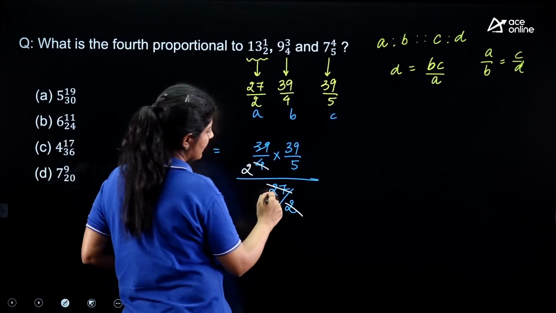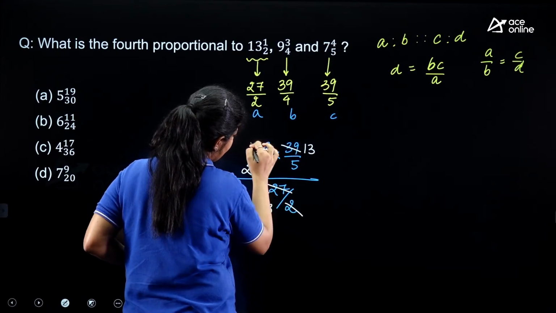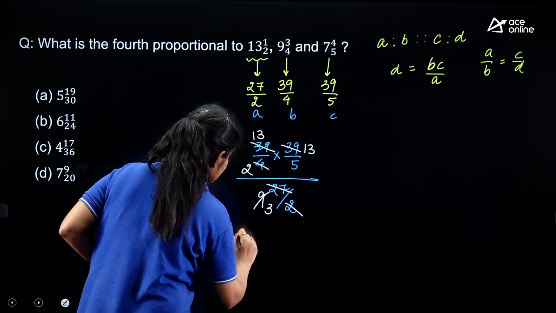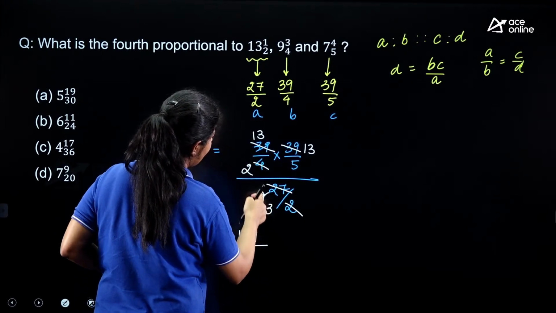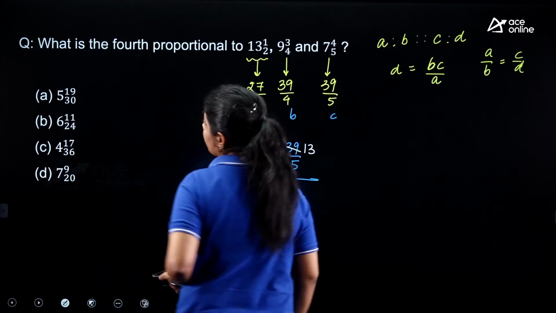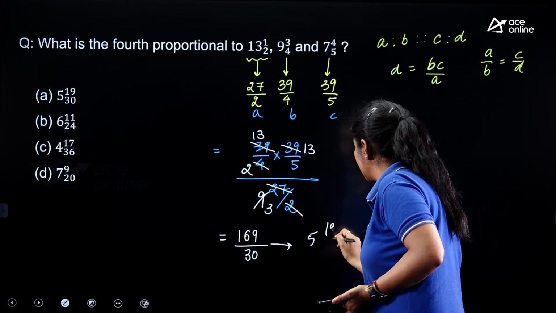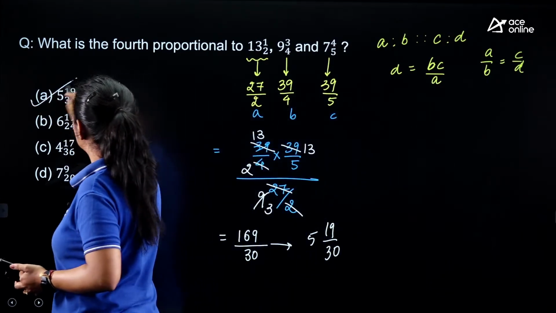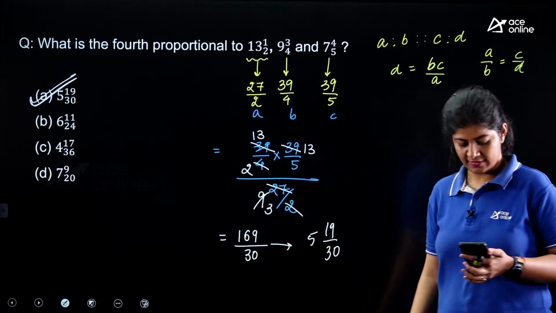We are just trying to cancel it out. 9, 13, 3, 13. 13 into 13, that is 169. 169, and here 10, 10, 3, 30. And if we see these values, the only option that we are having is 169 by 30. Option number A is the correct one.